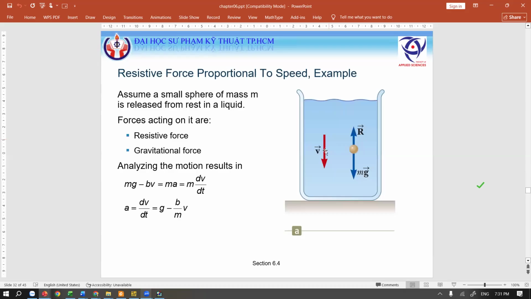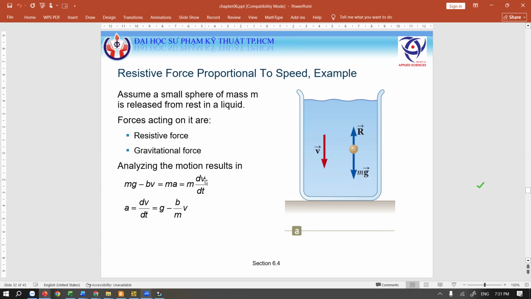You see the vector here gets bigger, and then the resistive force gets bigger. Then when you write the equation, you have mg minus bv, where bv is R, the resistive force, equal to ma. But ma itself is m dv over dt.